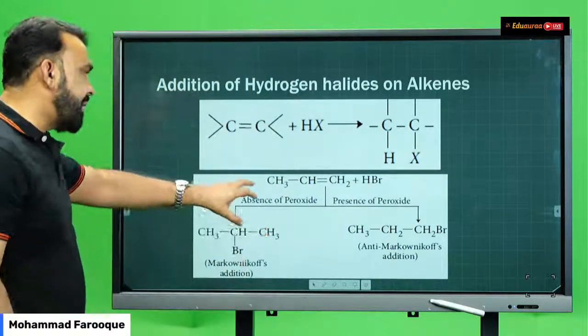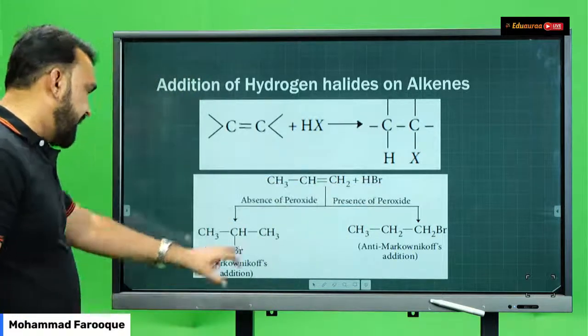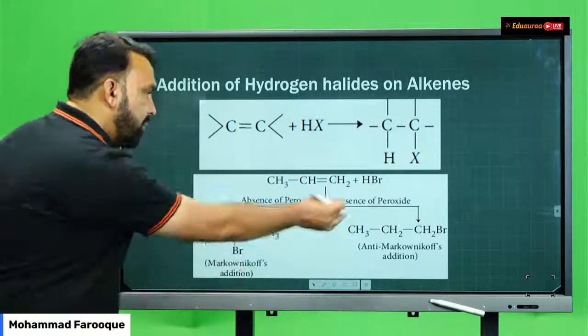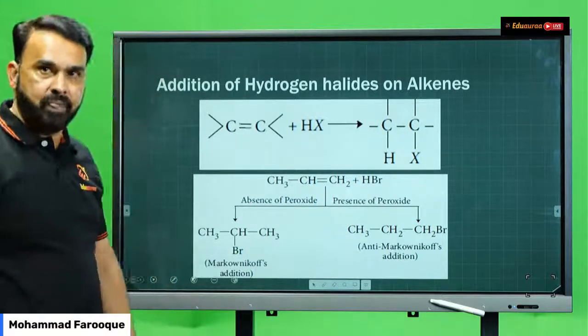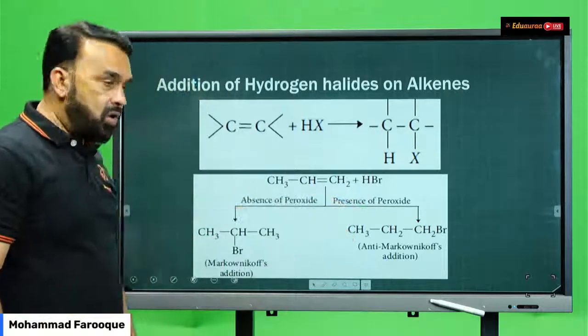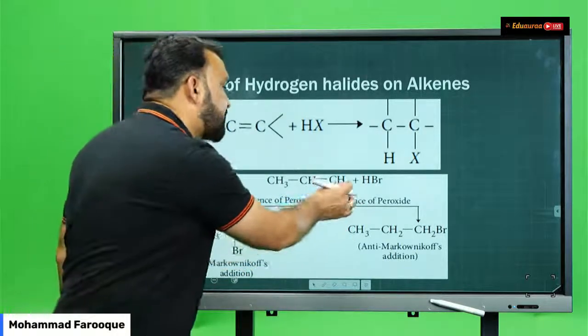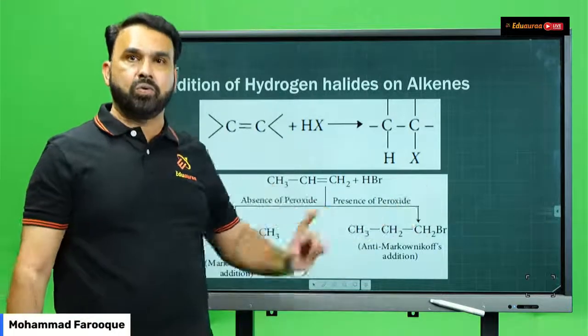So in this example, I've taken propene and I'm reacting it with HBr. In the absence of peroxide, bromine goes to the CH carbon because it is following Markovnikov's rule. But in the presence of a peroxide, bromine gets added to the CH2 carbon and not the CH, because it is following anti-Markovnikov's rule.